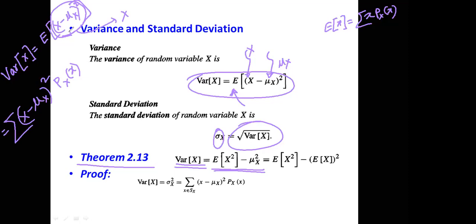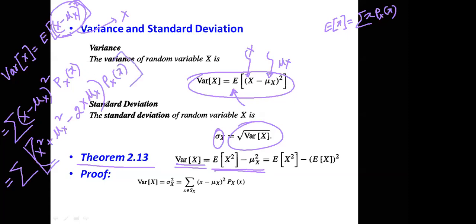Yes, sir. We can say it because it's a function of x. Now, if I just break it into different parts, something like (a minus b) square, that is x square plus mu x square minus 2 into x into mu x, that one into p(x). Can I do it?